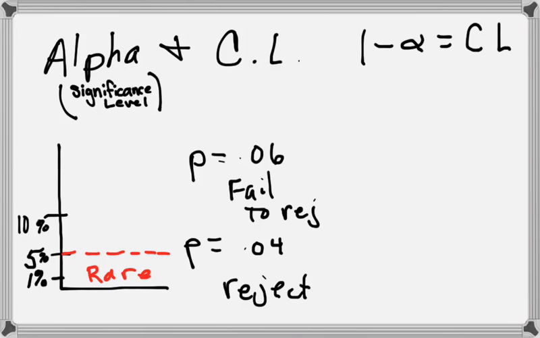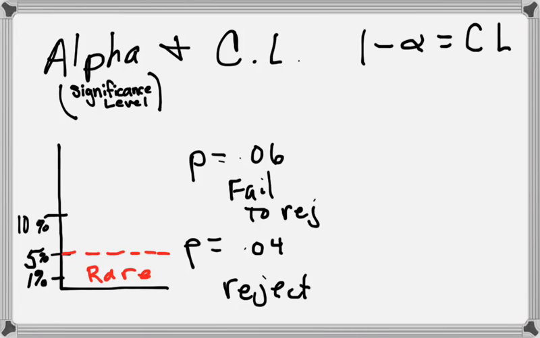There's debate. You are intended to be logical thinkers and to use your mind in that way. What I mean by that is, what if you had like 0.051 and 0.049? Is that different? Is that a different amount of evidence? It's not.